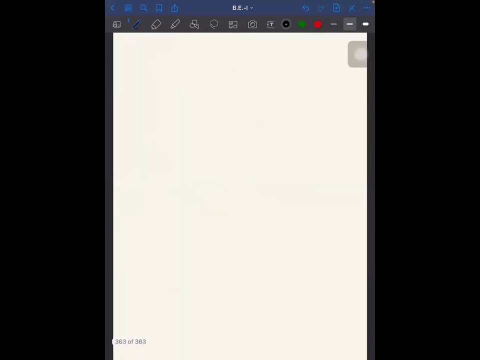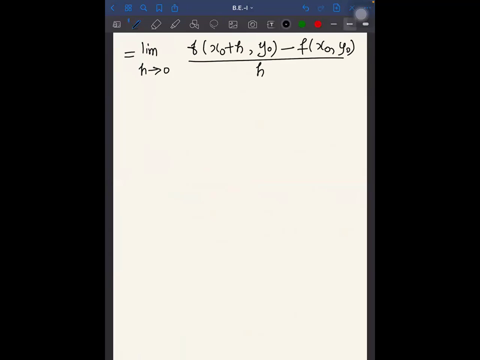Okay, so if let's say I want to write it in terms of limit, I would write it as limit h goes to 0 f of x naught plus h, y naught minus f of x naught y naught upon h, right? This limit should exist. Okay, are you with me on this?